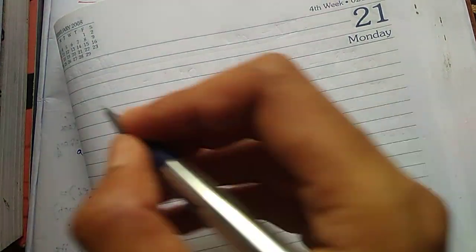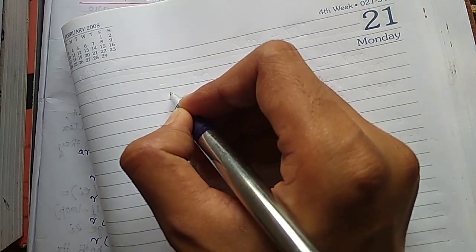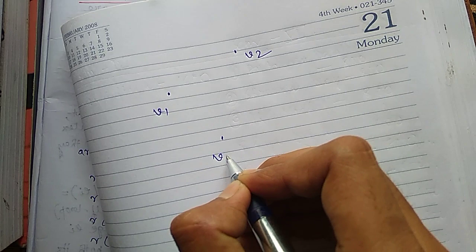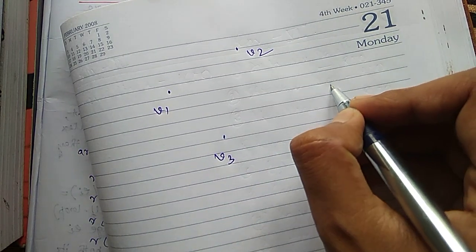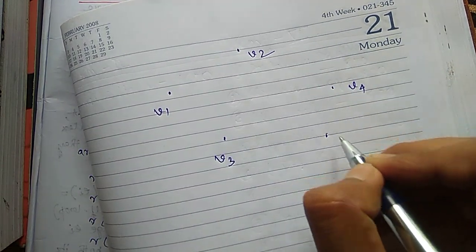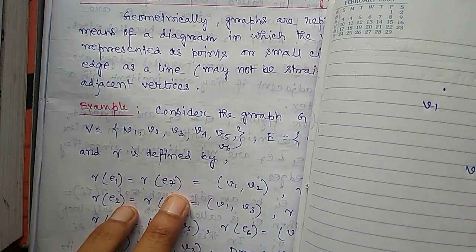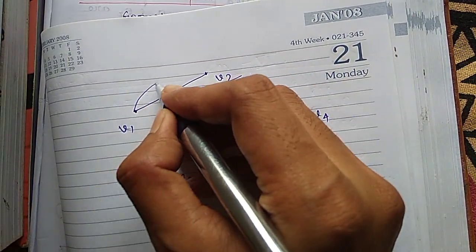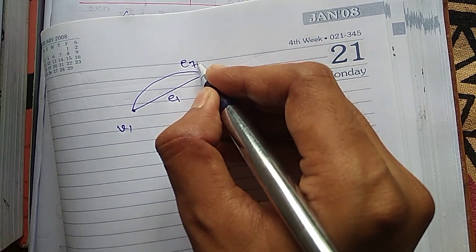Consider the vertices v1, v2, suppose v3, this is v4 and this is v5. Now e1 and e7 are in between v1 and v2. Suppose e1, this is e7.